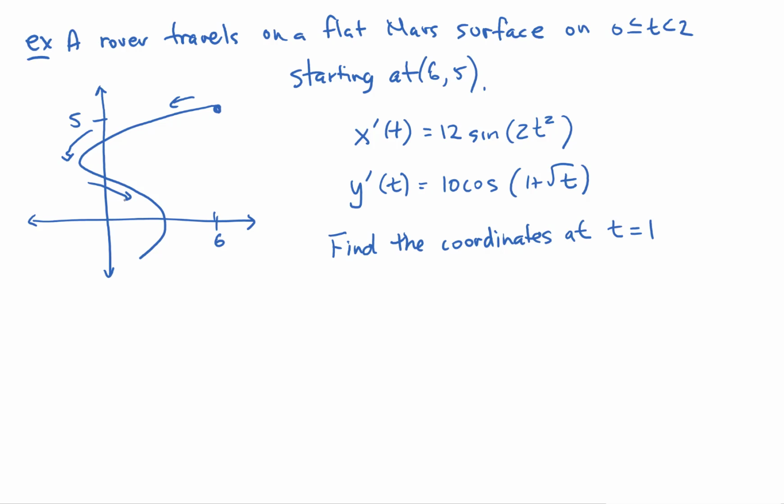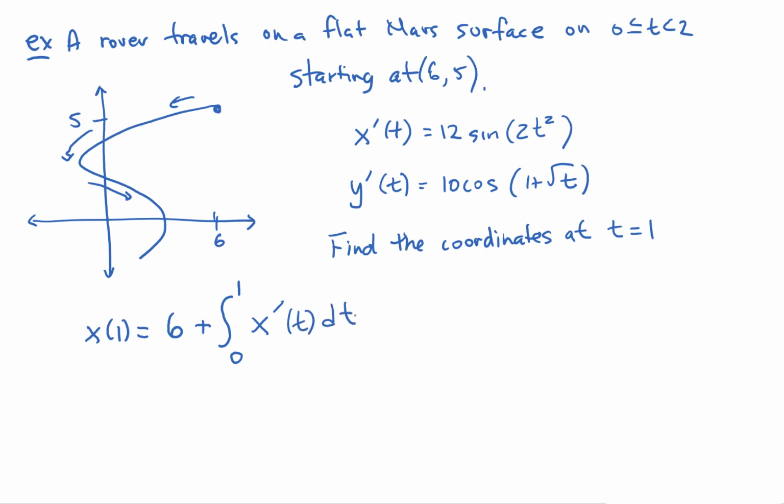So let's start with x. x at time 1 will be equal to, well, it starts at 6 in the x direction, and then there's a change from 6, and that change can be measured in that 1 hour time by taking the antiderivative, the integral of x prime of t dt.